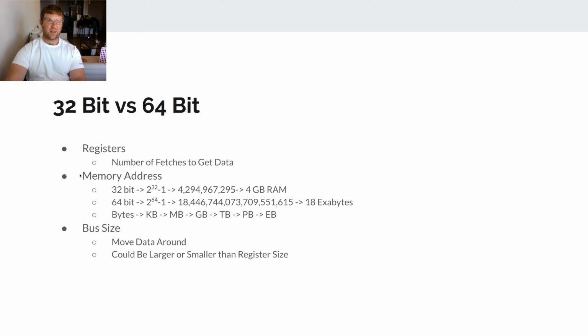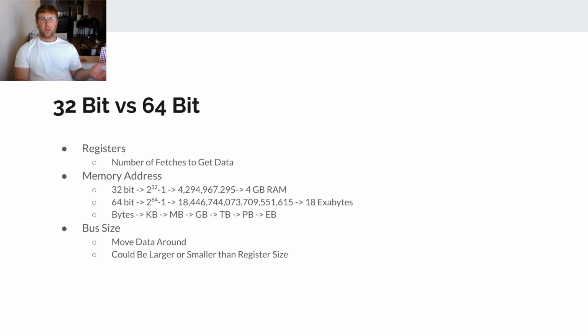The other thing that 32-bit versus 64-bit might impact is the bus size. The bus is just kind of like the wires, the data transfer. So the control unit needs to go out and fetch data from RAM.